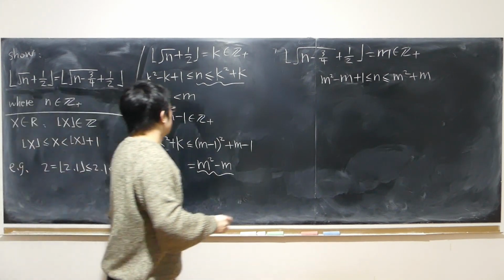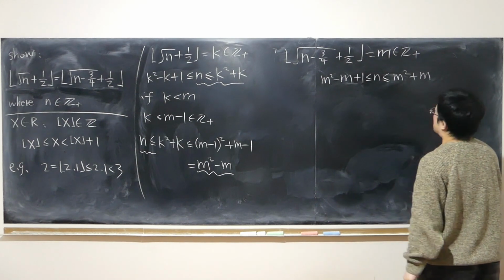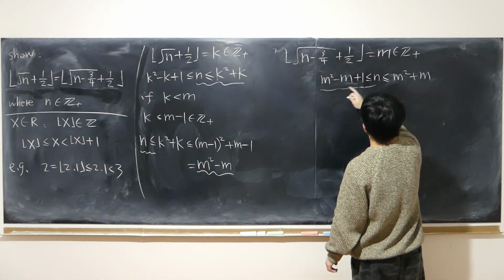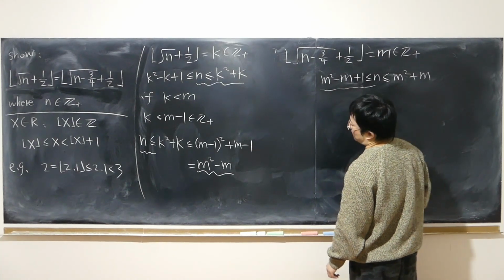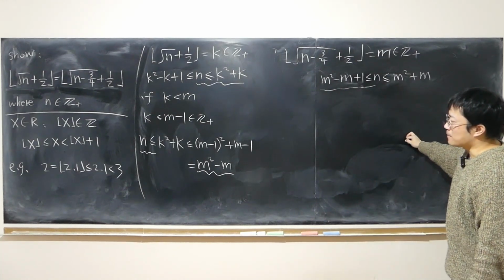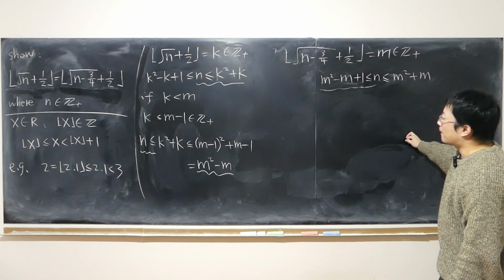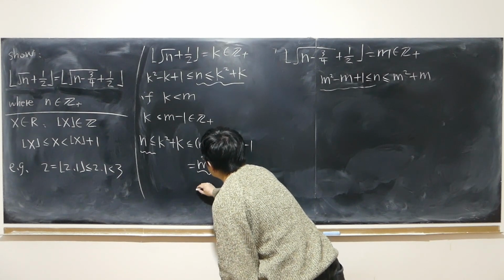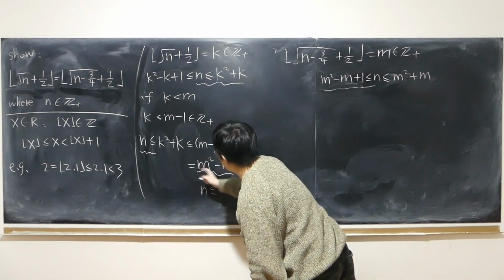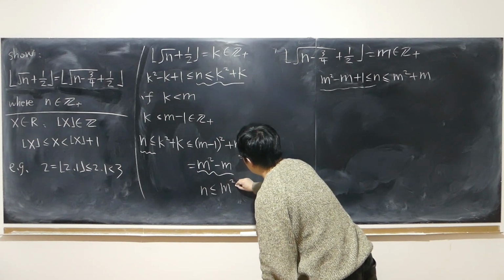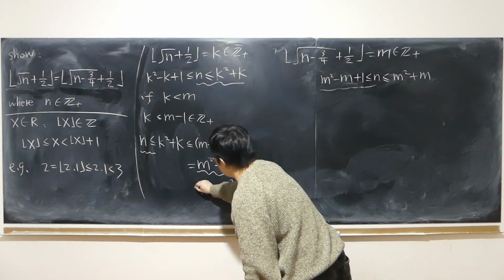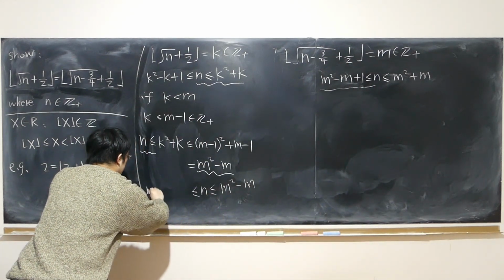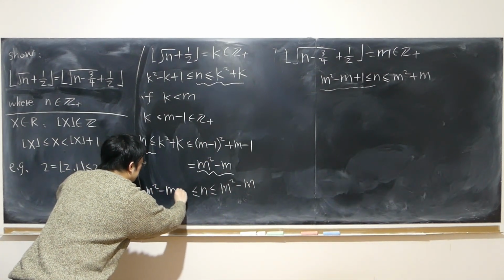So here, what do I have? It looks like I have n bigger than or equal to m squared minus m plus 1. Something is already wrong. I can tell, because in conclusion, n is less than or equal to m squared minus m, and at the same time bigger than or equal to m squared minus m plus 1.